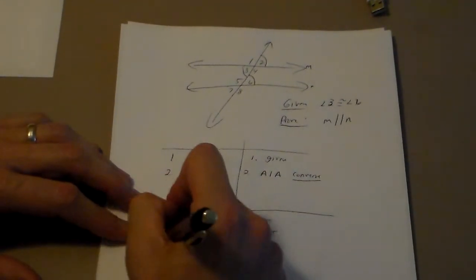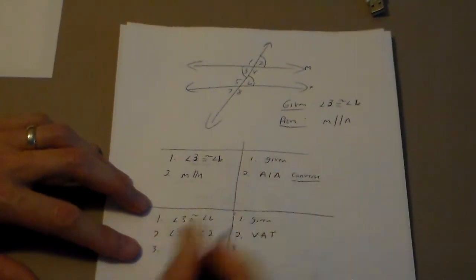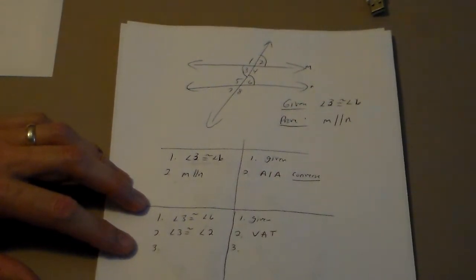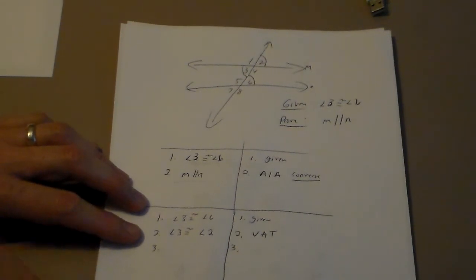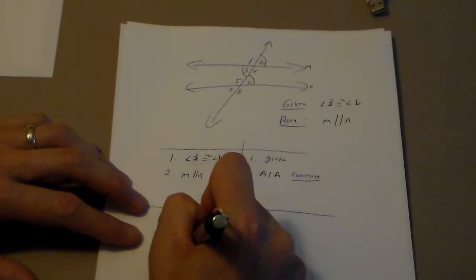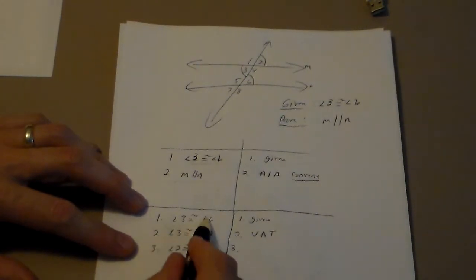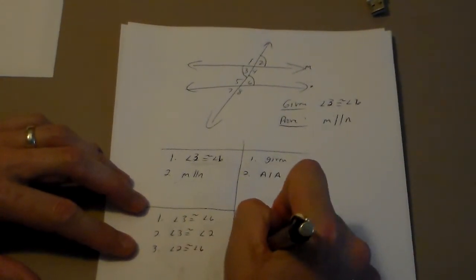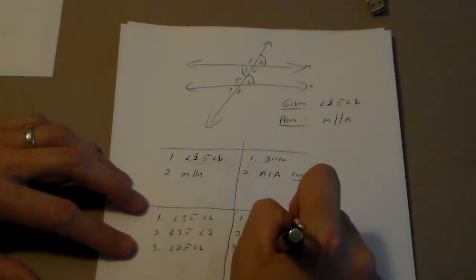Now, in step 3, if 3 is congruent to 6 and 3 is congruent to 2, what can we say based on those statements? I can say that angle 2 is congruent to angle 6 because these two things are congruent to the same thing. The reason for that is transitive.